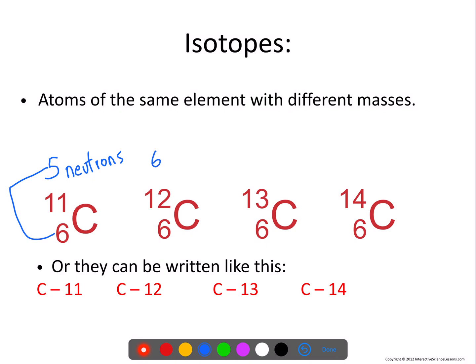This one has 6 neutrons, and that's the one you're used to seeing. That's a very, very common form of carbon, 6 and 6 making 12. In this case, we have carbon-13, so 7 neutrons.